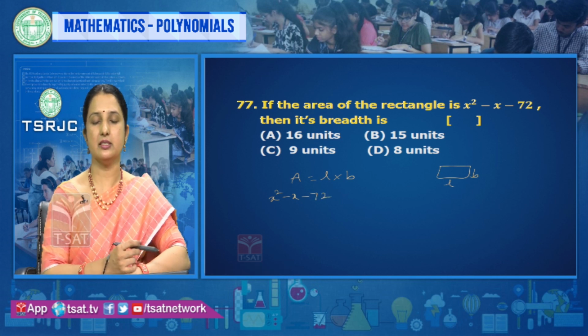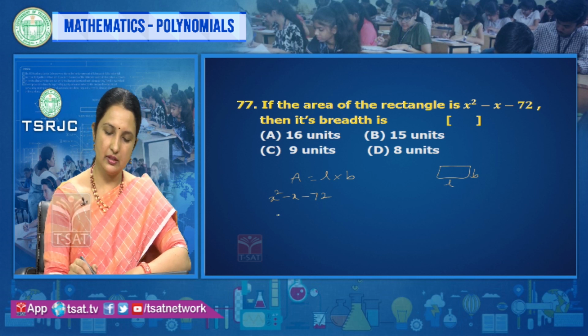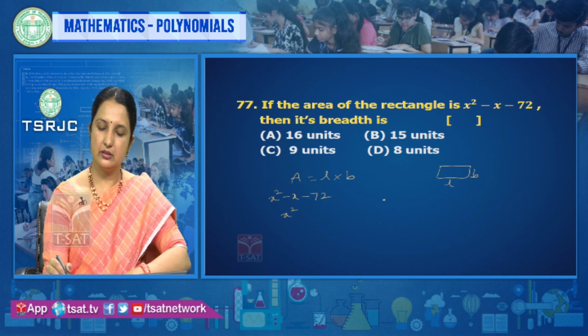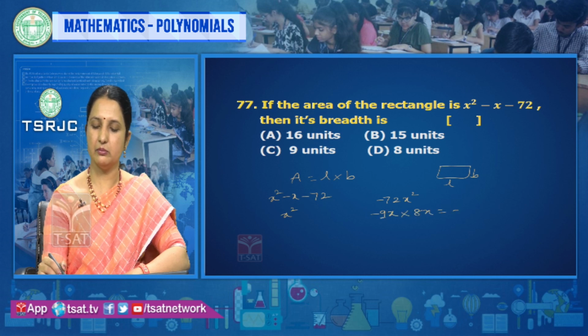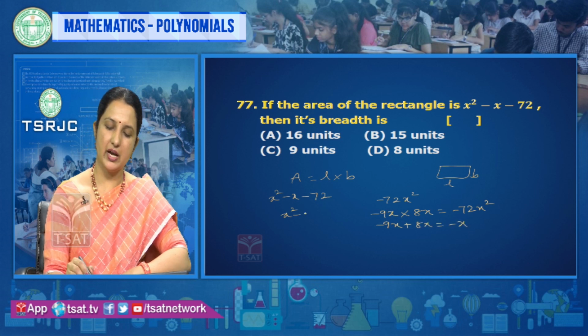For minus 72 x square, I will get 9x into 8x, since 9 into 8 is 72, with minus and plus. Minus 9x plus 8x gives minus x. So we write x square minus 9x plus 8x minus 72.